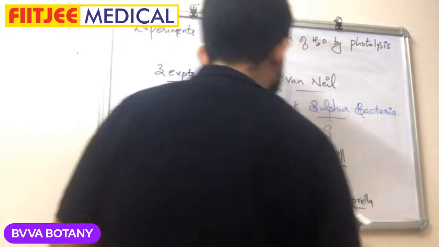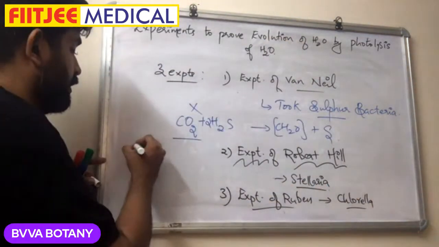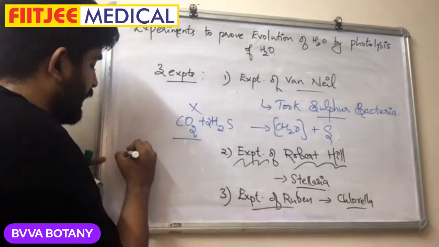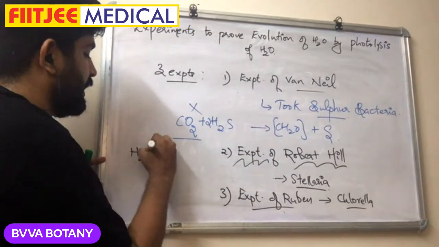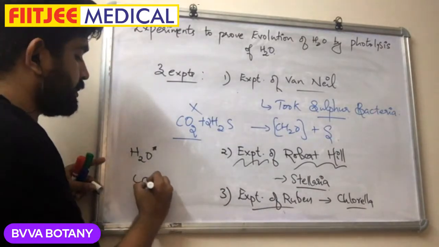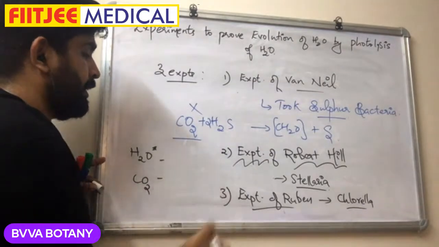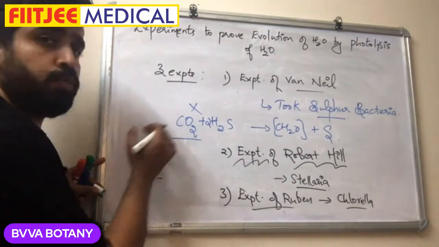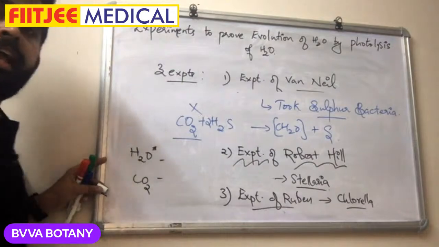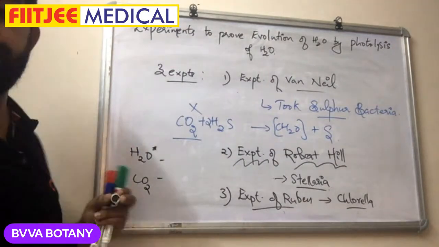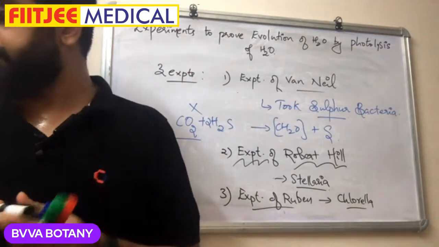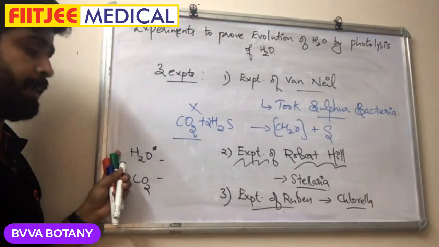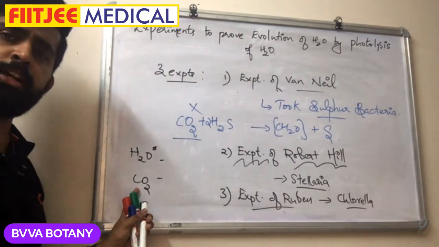I will say Ruben's experiment is very simple. What he did is, he took a Chlorella and gave it water containing radioactive oxygen and carbon dioxide. So when he observed, there was radioactivity in the oxygen which was released as a byproduct. So it has proved that water is the one which is involved in the evolution of oxygen. Clear? The water which was provided was radioactively labeled with oxygen, and the carbon dioxide had ordinary oxygen.